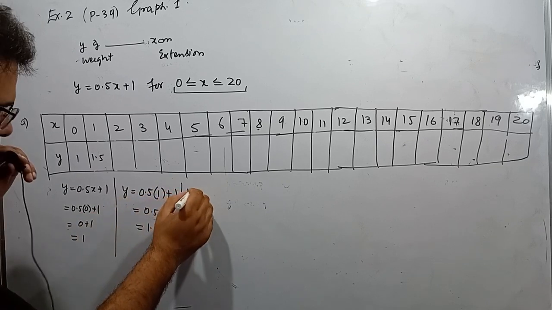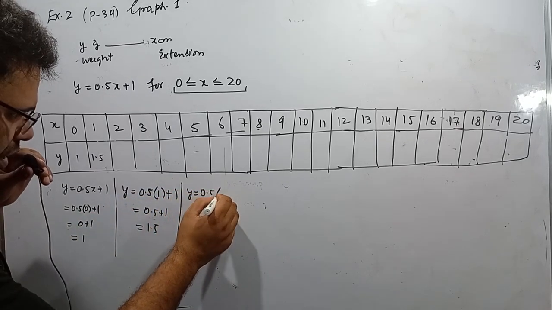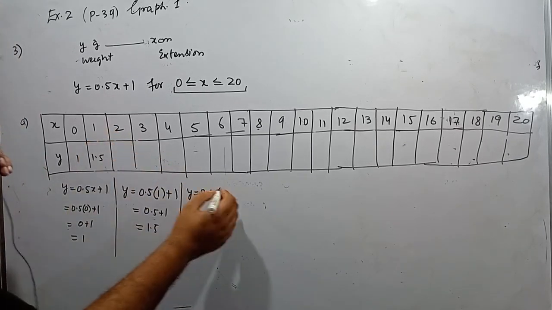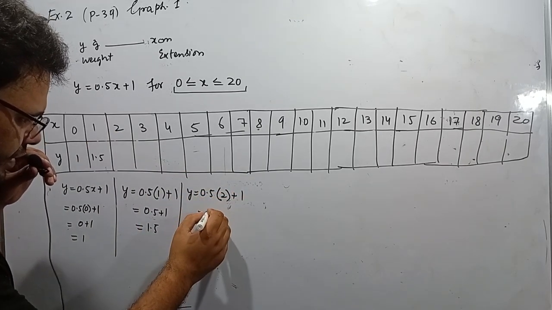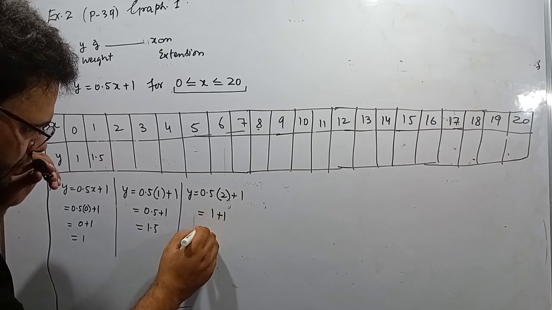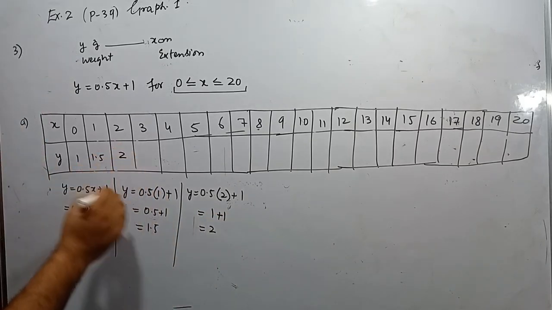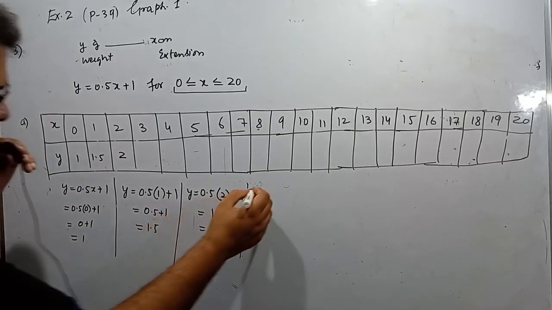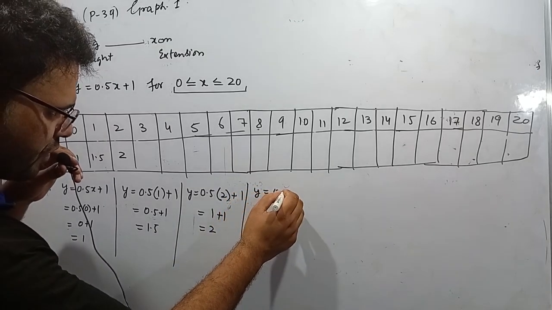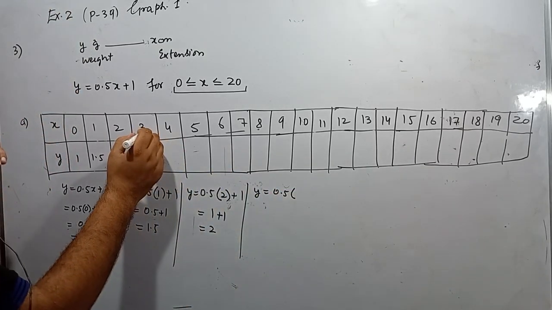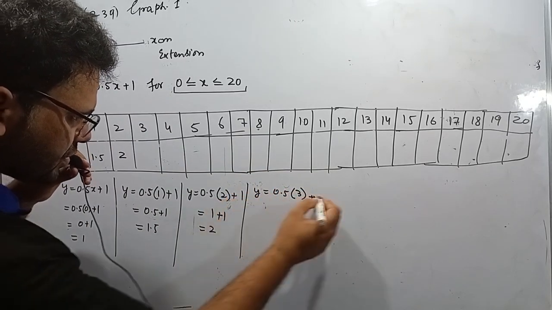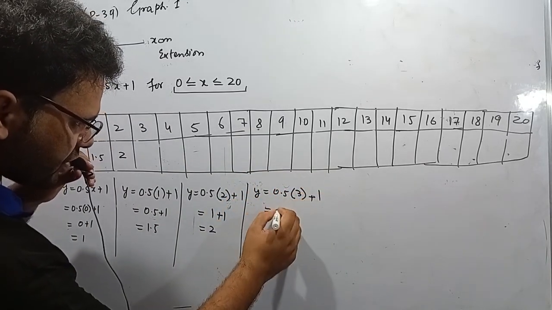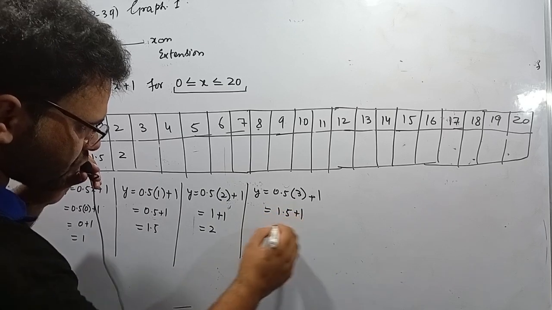The next value y equal to 0.5, in place of x I will put here 2, then plus 1. 0.5 twos are 1, plus 1, which is equal to 2. So here I will get the 2. Now once again, y equal to 0.5, in place of x 3, then plus 1. 0.5 threes are 1.5 plus 1.